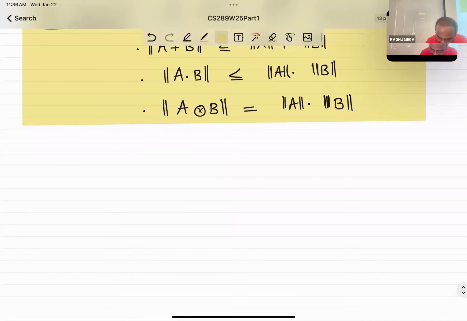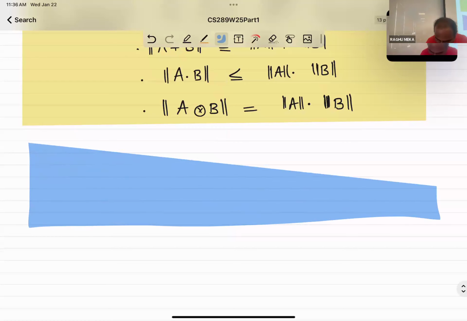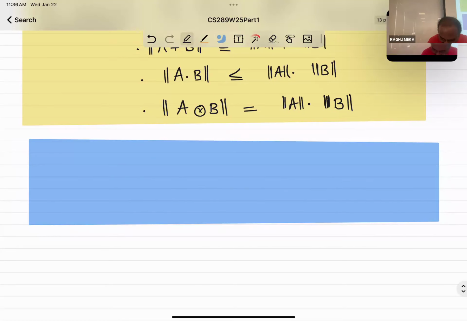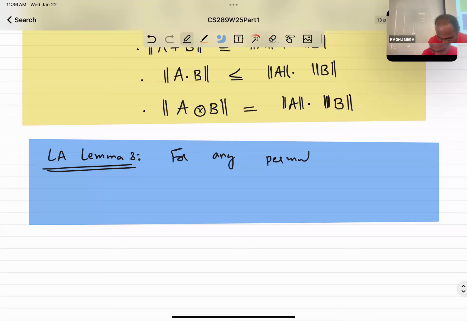And so we have two linear algebra lemmas. We need one more, which is that for any permutation matrix, a permutation matrix just means that every row has a single one and everything else is zero.